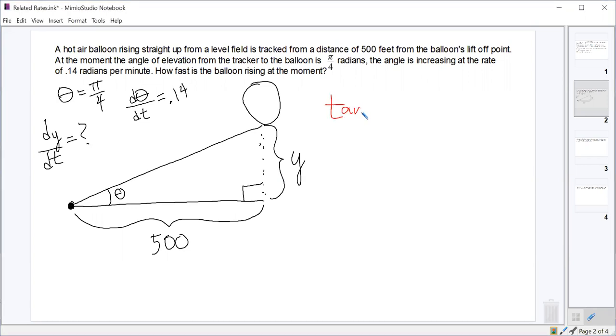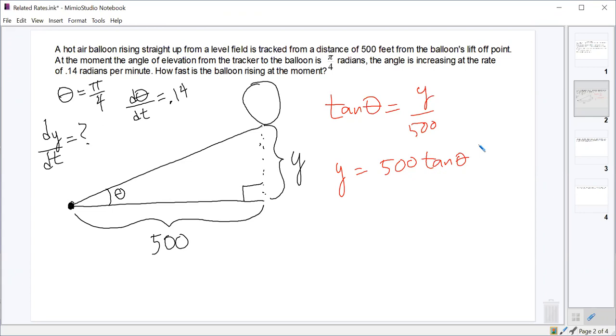Yeah, tangent theta ought to equal y over 500, or effectively y ought to equal 500 times the tangent of theta. Everybody agree with that? Okay.